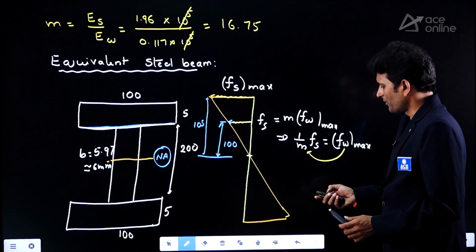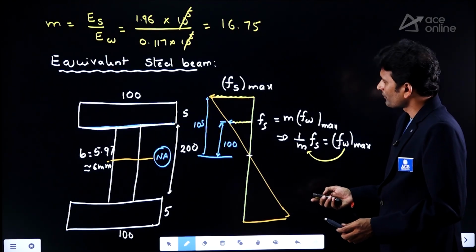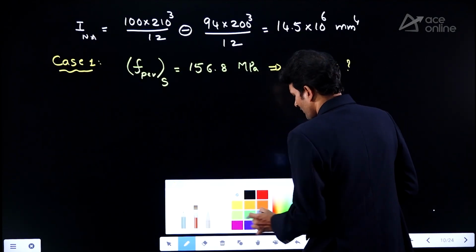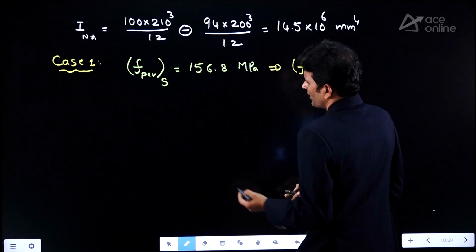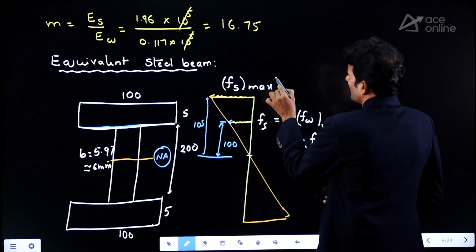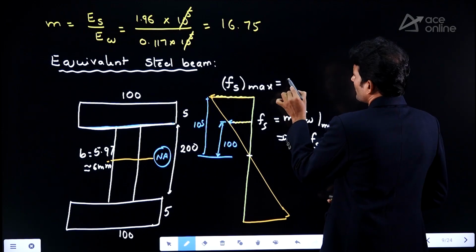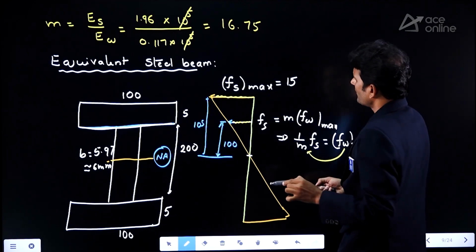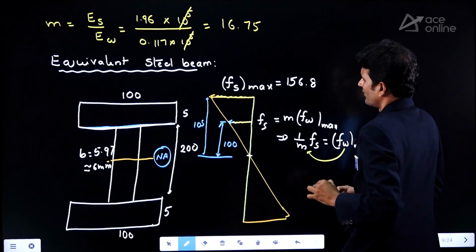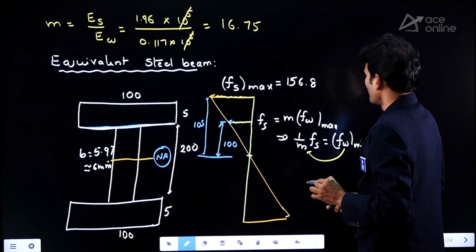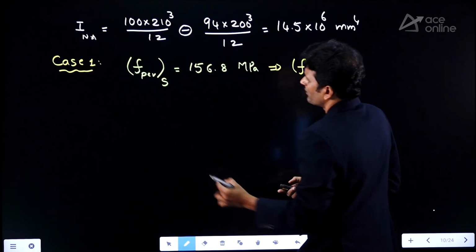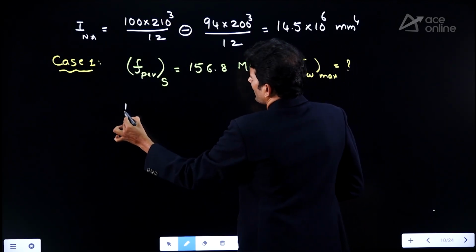Right, fine. Now, let me take this one. For a distance, I am taking the similar triangle concept. F max, how much is it given, permissible stress, 156.8. 156.8 divided by 105 from similar triangles.